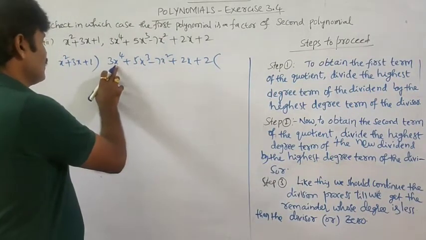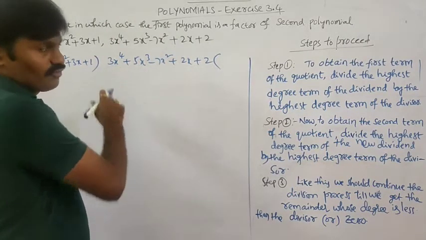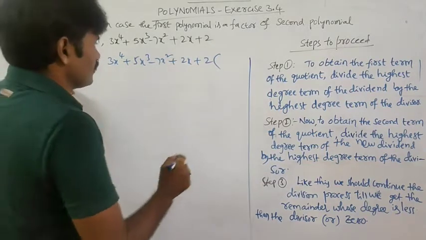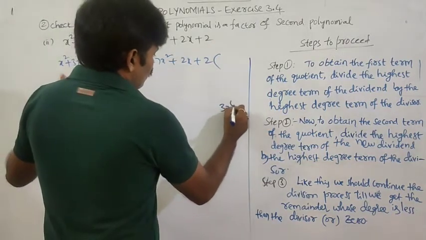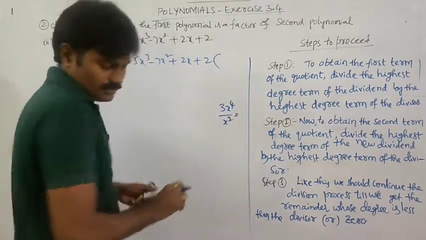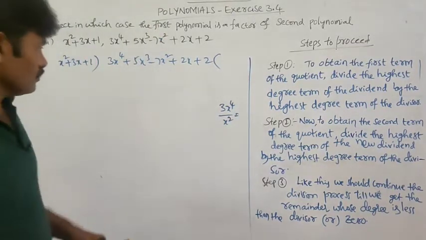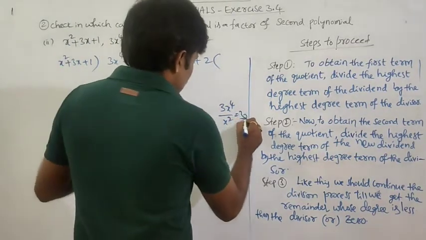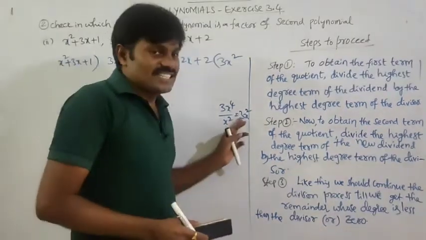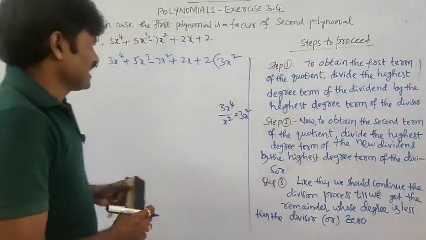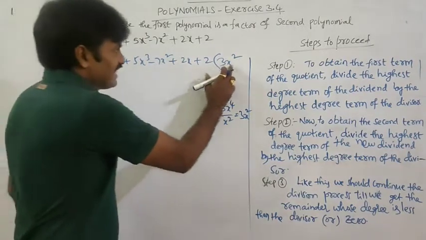So what is the first term of the dividend? 3x power 4 by x square gives us 3x square. So 3x square is the first term of the quotient. Now multiply the whole divisor by 3x square.